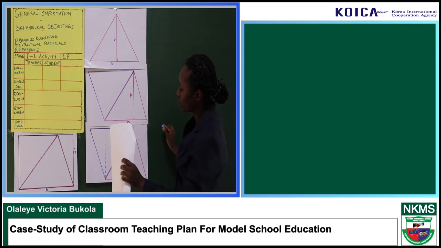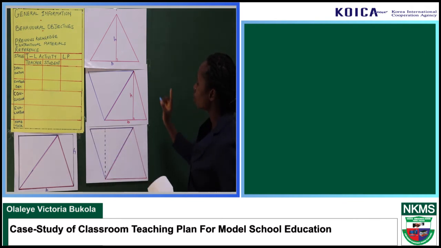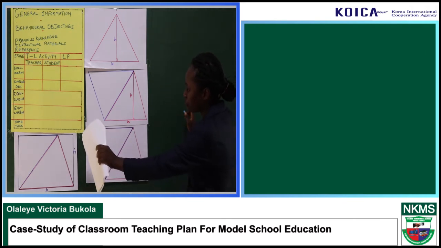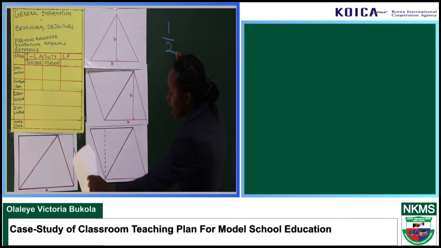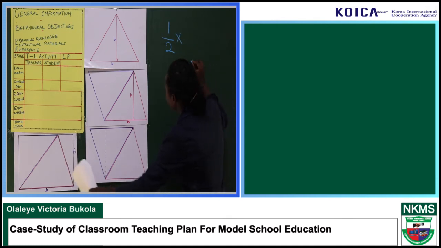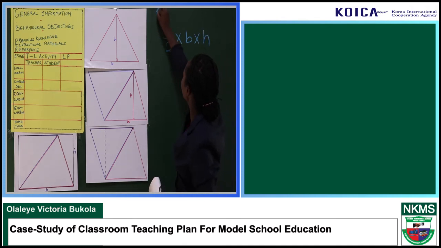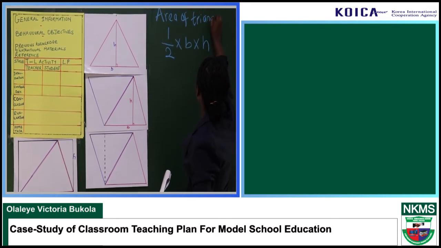And when we are generating a formula for this triangle, we only need the area of 1 triangle, but we have 2 there. That shows we are going to have half of the triangle multiplied by the base and the height. So this gives us our area of triangle.